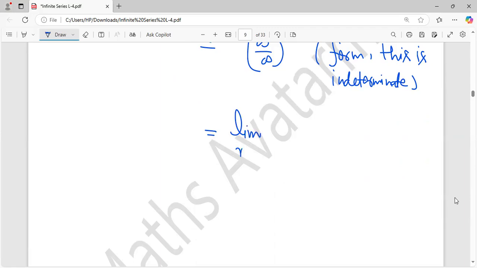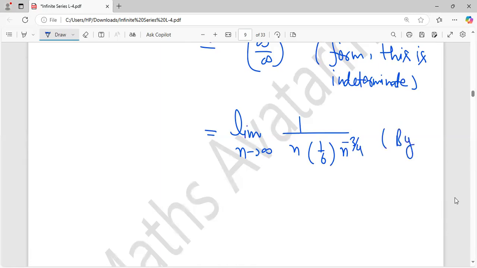So what you will get? Limit n tending to infinity, this is 1 upon n, and this is 1 by 4 into n to the power 1 by 4 minus 1, that is minus 3 by 4.